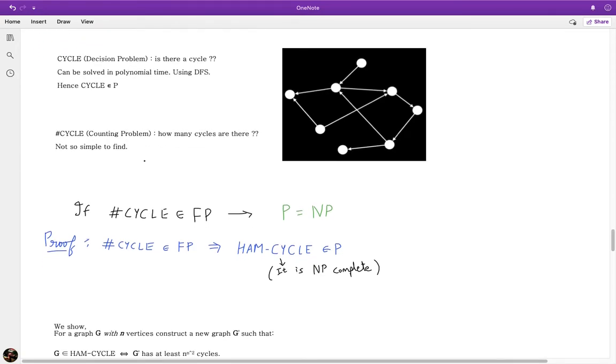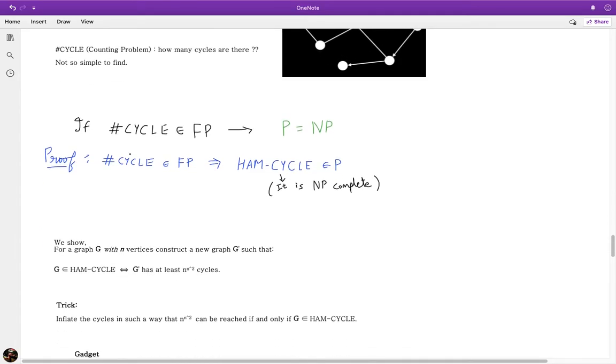Now let's take the counting analogue of the cycle problem, which is HashCycle. What we are concerned with here is how many cycles there are in a graph. So given a graph, we need to find the number of cycles. As we see, there's not a simple way to find it, and it's a hard problem.